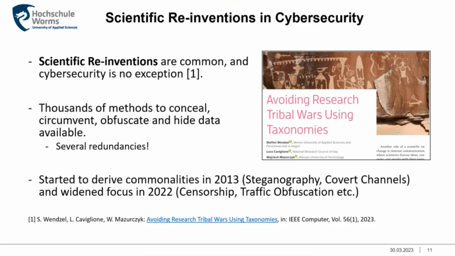So in 2013, and this is kind of the first part of this talk, we started to analyze the commonalities of concealment methods, hiding methods that exist, mainly in steganography and covert channel research, and we widened this focus in the last couple of years.